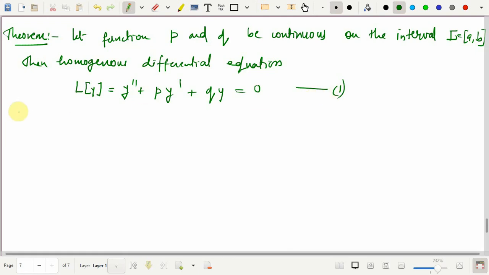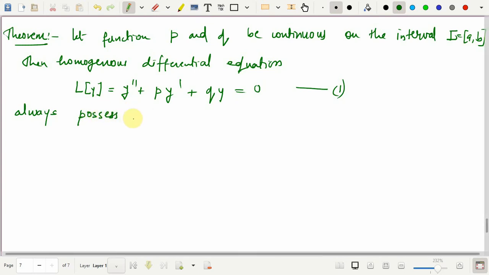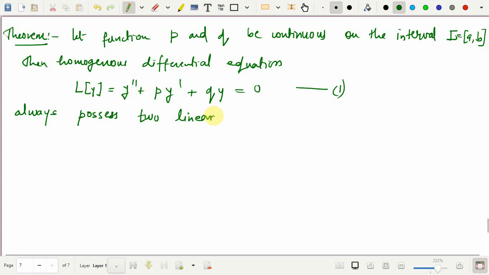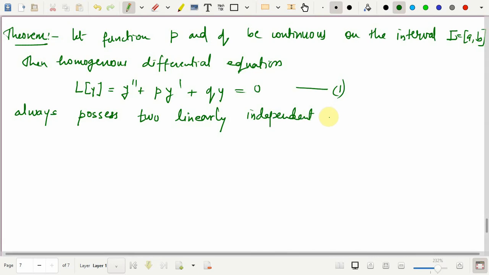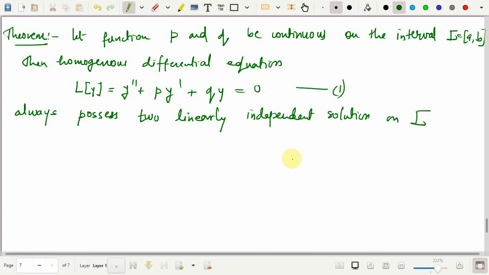Always possesses two linearly independent solutions, and this is a very important fact which we will be using throughout this course, because we are in search of two linearly independent solutions to generate the general solution to the given differential equation.